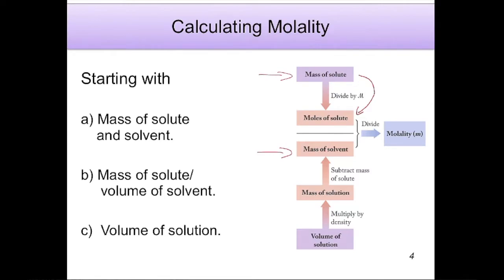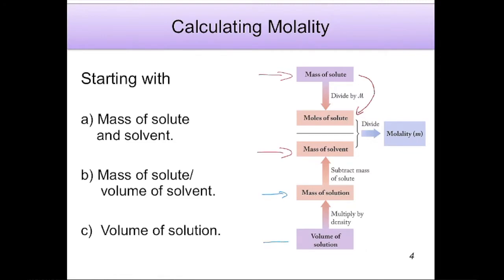You could also start with the mass of the solution, and if you start with the mass of solution, then you're going to have to turn the mass of solution into the mass of the solute, and so then you have to know how many moles of solute is in there, how many moles of solvent there is, and then convert both of those into masses and do a subtraction.